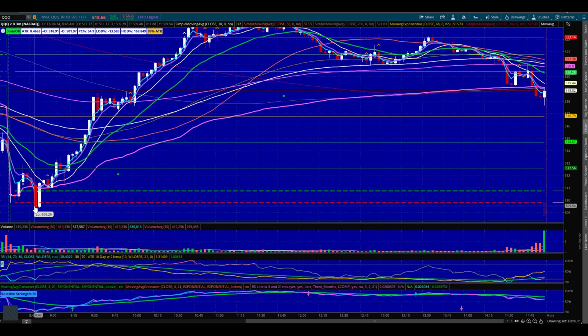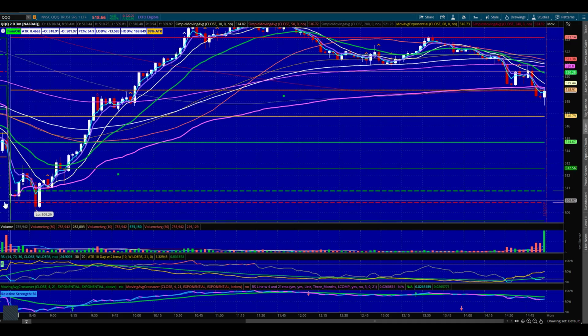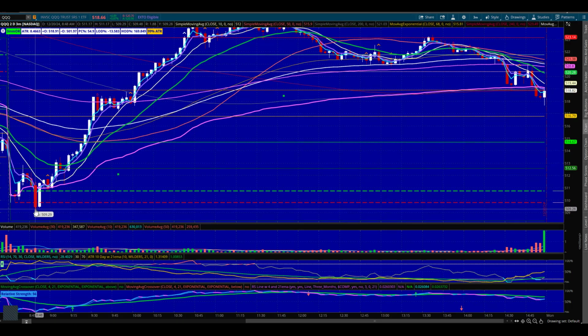But here on the QQQ, you can see it comes back in, gets back into the range, actually washes the opening range low. Okay, now this was a big key tell right here because that selling could not progress any further. Even though you undercut the opening range low, it couldn't progress.